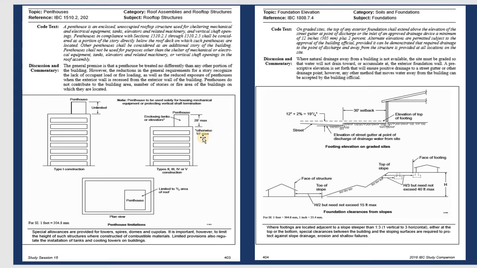Otherwise, they give 18 inches maximum only. So basically, depending on the type of construction, the penthouse on the top of the roof can be a different height. 28 inches maximum for type 2, 3, 4, and 5 construction. But if type 1, you don't need to limit anything. How high the penthouse is, is okay.